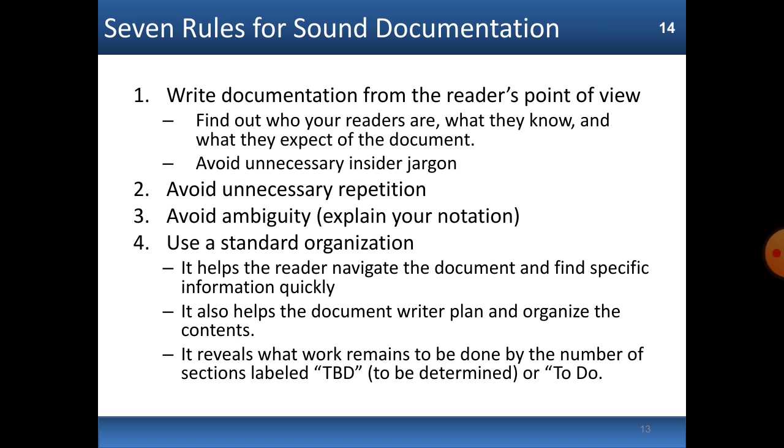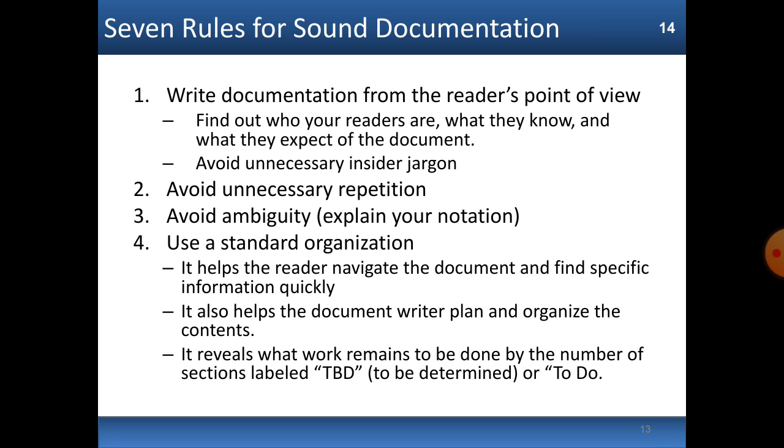And the next rule for sound documentation is to use a standard organization to provide any documentation. As we discussed earlier, IEEE 1471 is a standard organization to provide sound documentation for any software architecture.